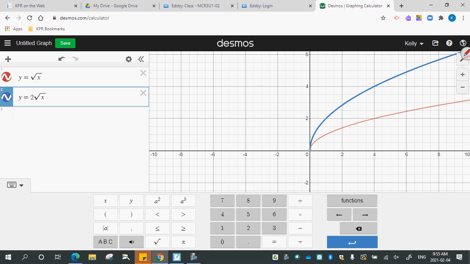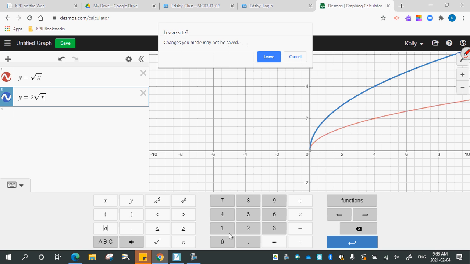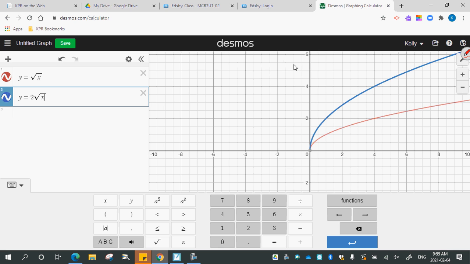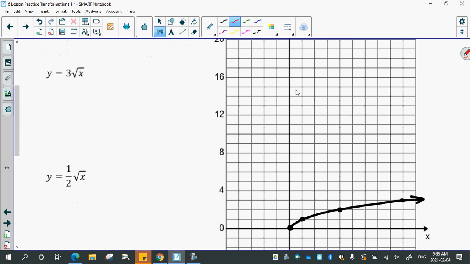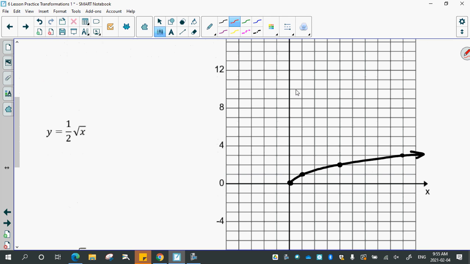Okay, so I'll show you how that works here. I'll just minimize it. So I'm doubling the ups, but I'm keeping the overs the same. So I start here, I go over 1, and instead of going up 1, I go up 2. I go over 3, and all my ups were 1, instead of going up 1, I go up 2.